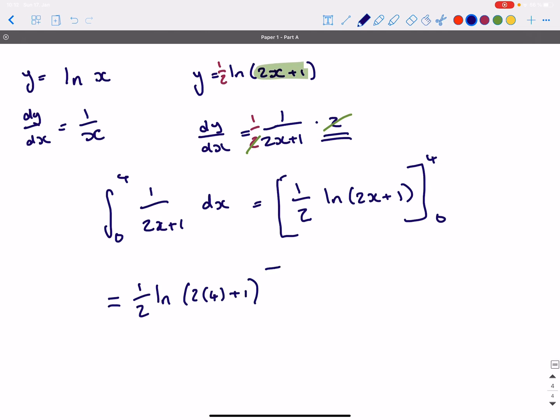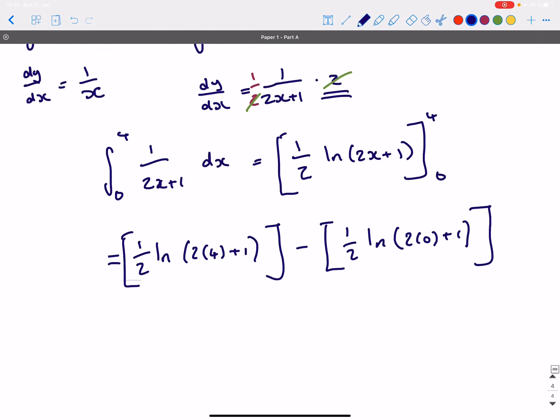And then I'm going to subtract away substituting in 0 in there, so a half natural log of 2 times 0 plus 1. There we go. Let's carry on working it through now. So I've got a half natural log of 2 times 4, that's 8, plus 1 is 9, minus a half times natural log of 2 times 0, which is 0, plus 1, which is 1.